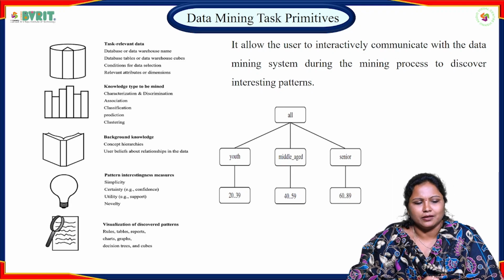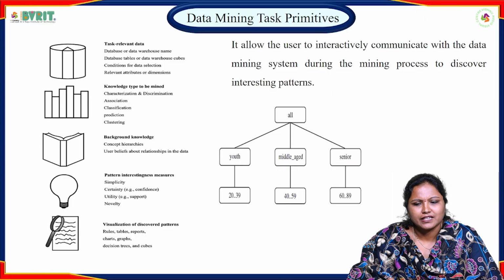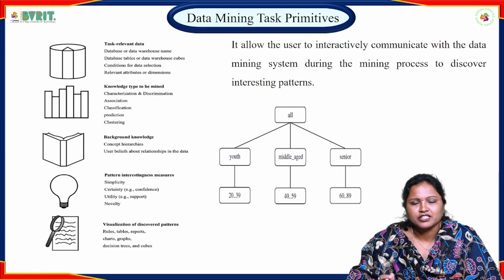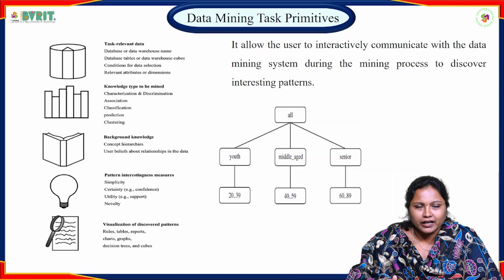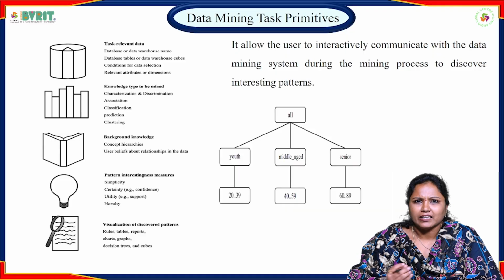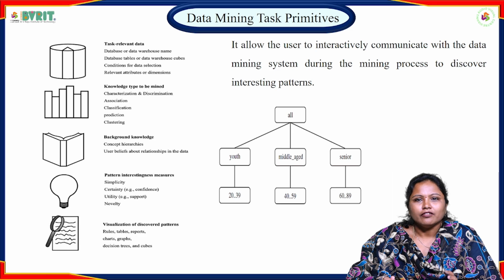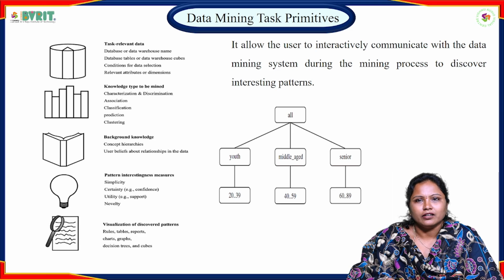In the same way in data mining, the first task is to mine relevant data, which may be database or data warehouse names, database tables or data warehouse cubes, conditions for data selection, and relevant attributes or dimensions.